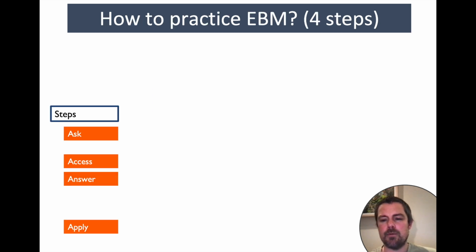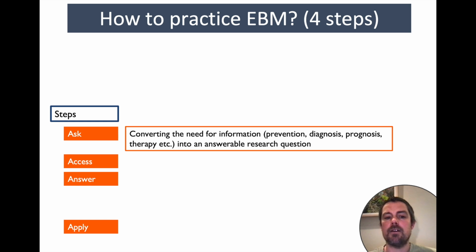Okay, we're getting towards the end soon enough. So what are the 4 steps in evidence-based medicine? If you have a question, does this drug work? We need to convert that clinical question into an answerable research question, and we use PICO to do that. We'll talk about that in the next slide.